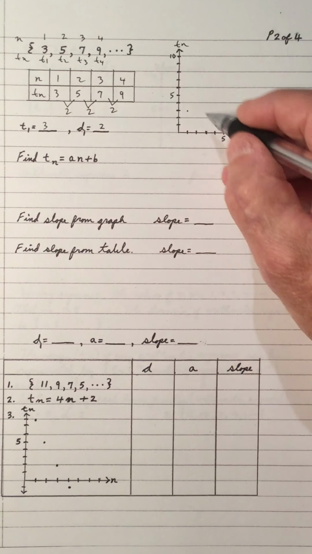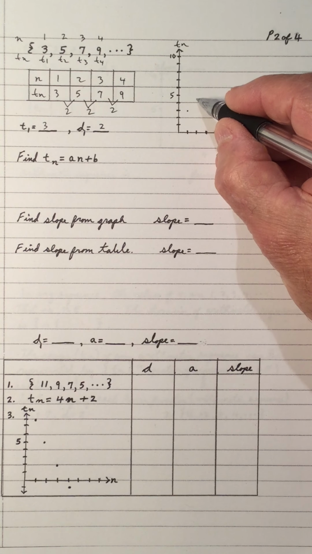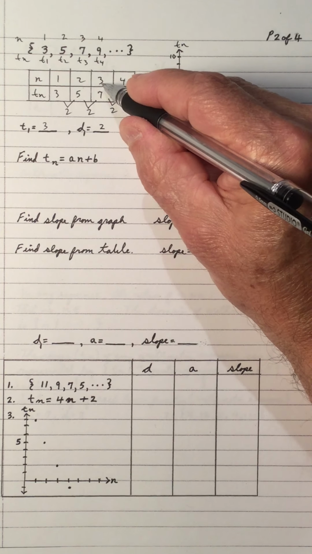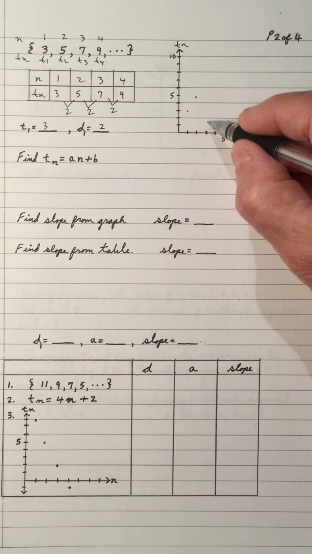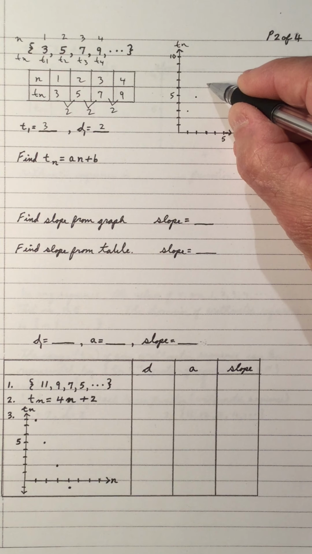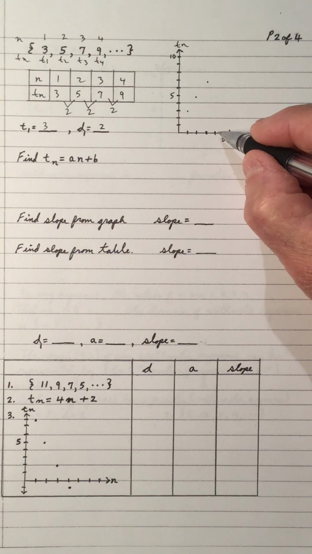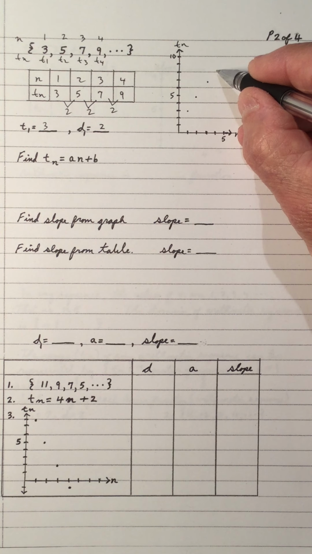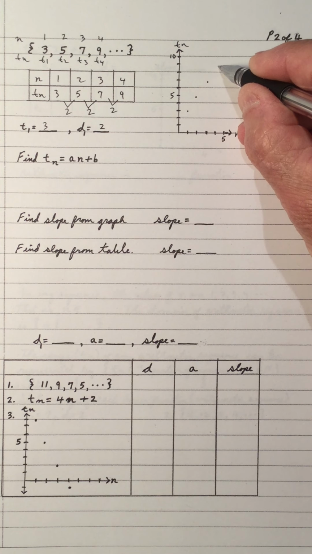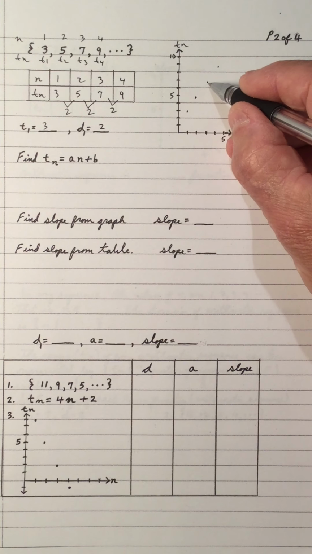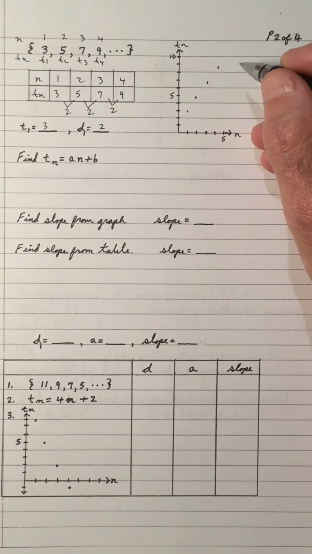N is 2, Tn is 5. N is 3, Tn is 7. N is 4, Tn is 9. There we are. And notice the dots are forming a line going through here.